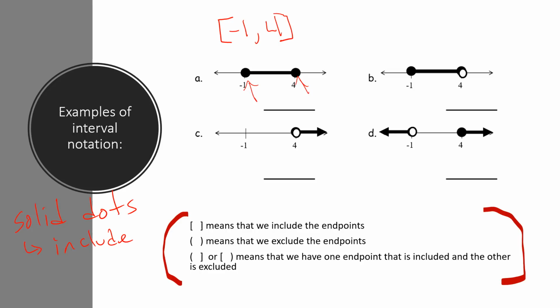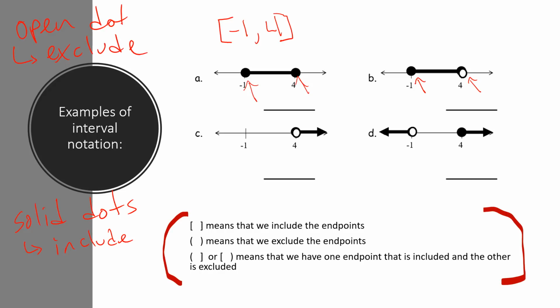Now, example letter B. Once again, same interval, but negative 1 is still solid, means I include it. But since I have an open dot on the number line at 4, that means I exclude it. So open dot means you exclude the value from your interval.